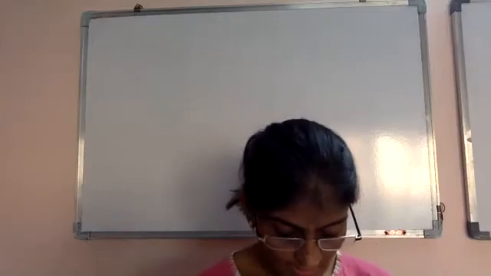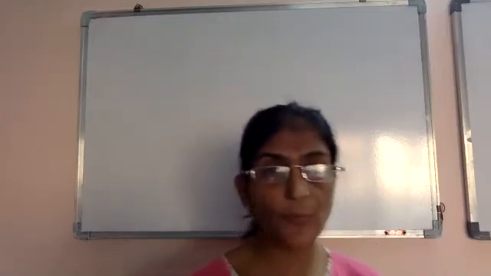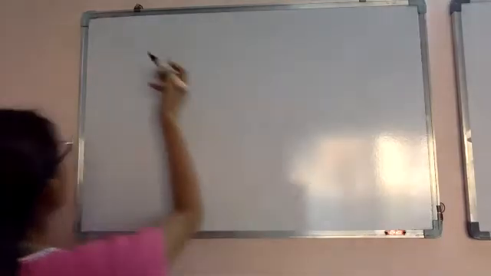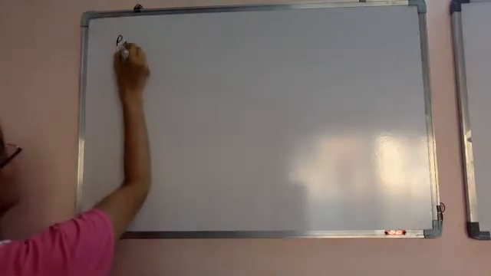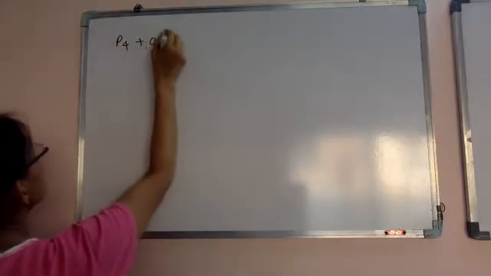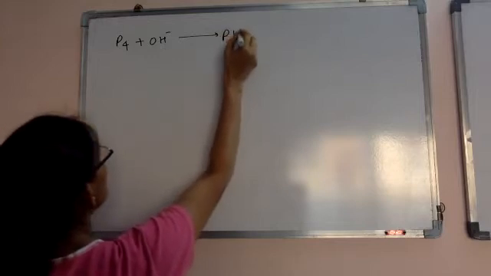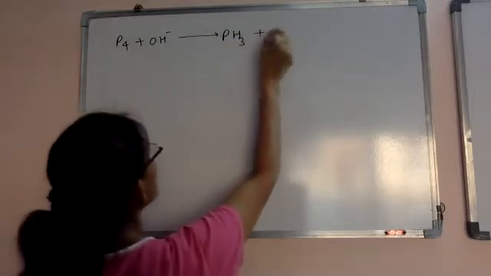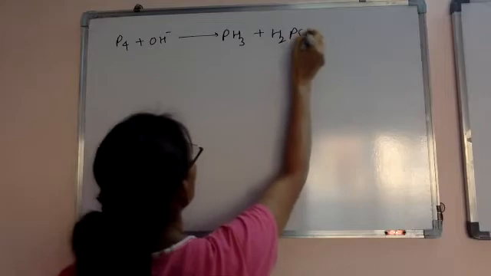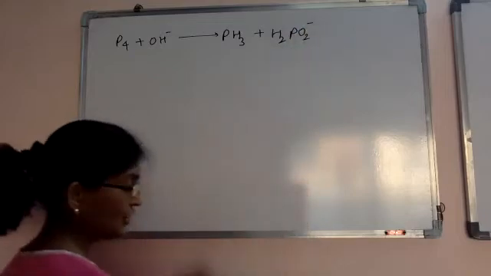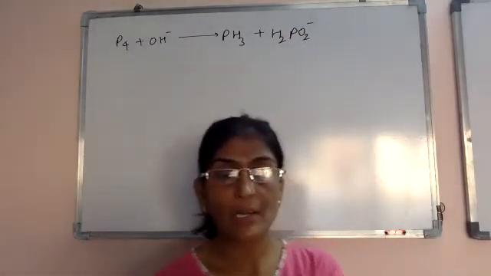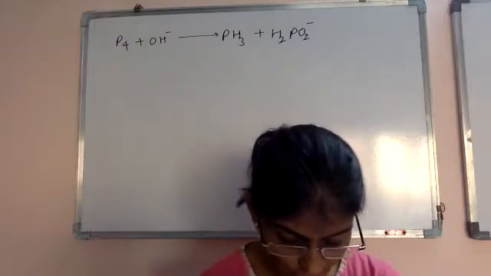So let's see how to balance redox reaction in basic medium by half reaction method. Clear? Now we are taking reaction as P4, a textbook question only, plus OH minus gives PH3 plus H2PO2 minus. In our book it is given as HPO2 minus. Make it correct. It is H2PO2 minus.